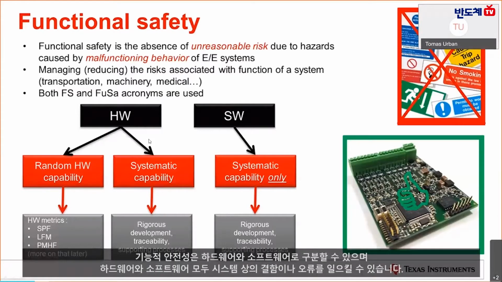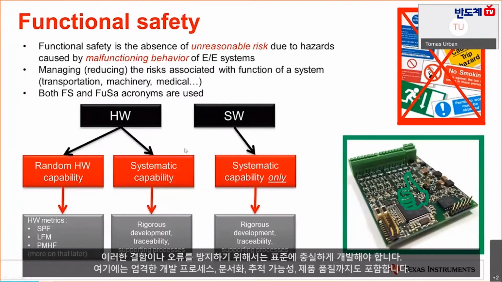You may have heard that if we separate hardware and software for functional safety, both have systematic failures or errors in them, and those can basically be prevented by development processes in line with standards: rigorous development, testing, traceability, documentation, and basically the quality of the products.